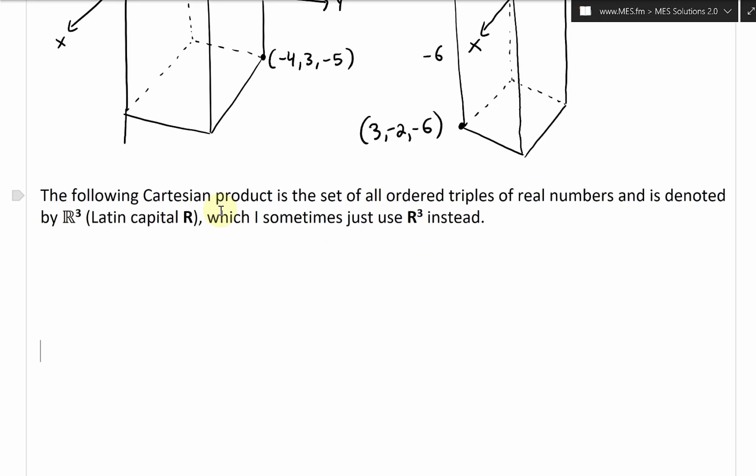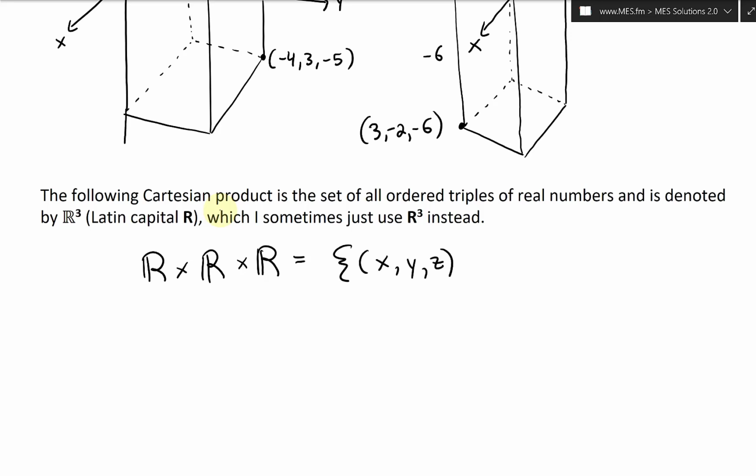And this Cartesian product is just written as R times R times R, and this equals the set of all these points (x, y, z), where x, y, and z are elements of the real numbers.